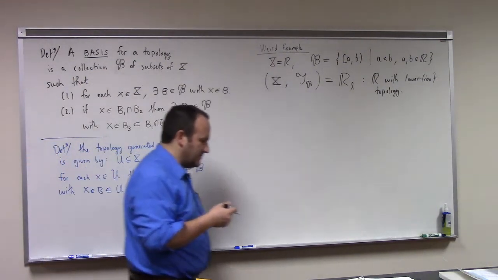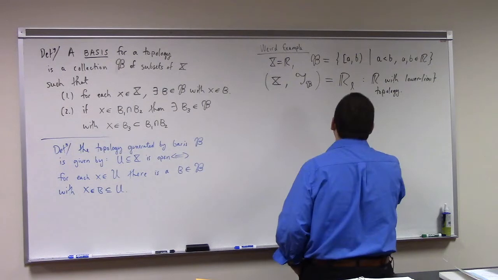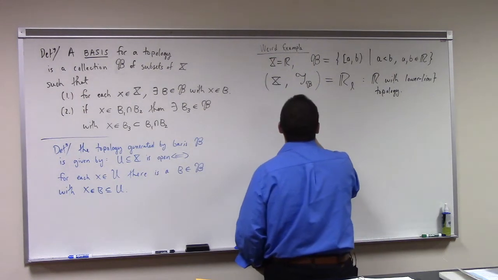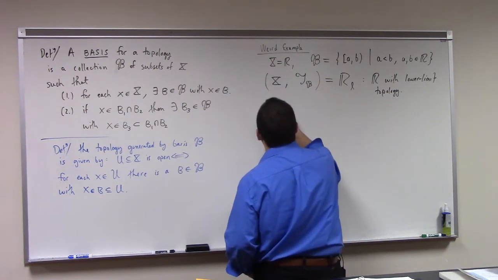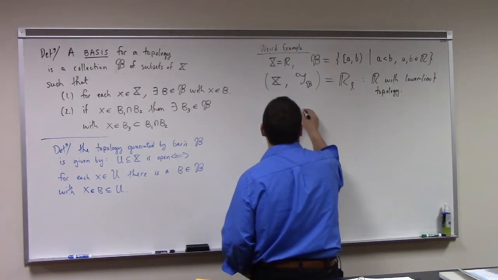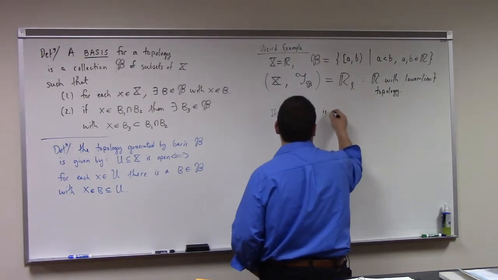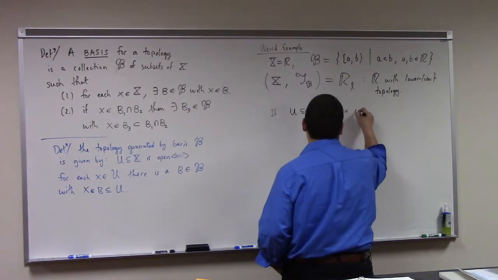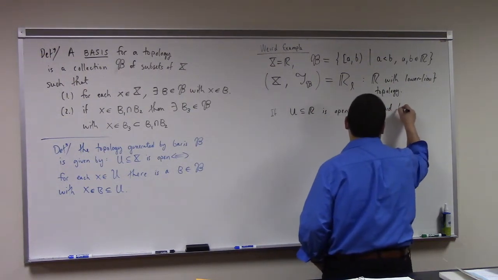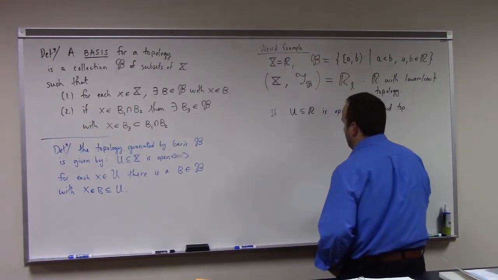Well, let's see here. Let's consider, if U, a subset of R, is open in the standard topology of the real line, then what does that mean?